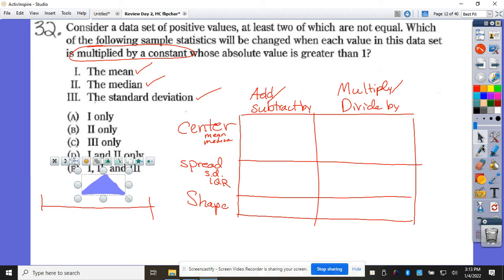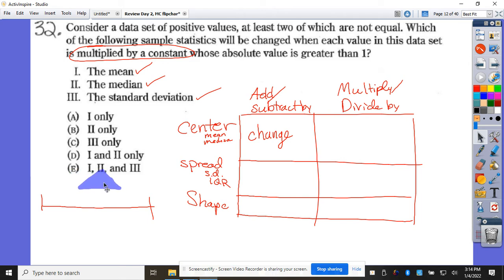So my center, when I add or subtract, is going to change. My spread, when I moved it from here to here, did what? So the distance of the spread, is that going to change?